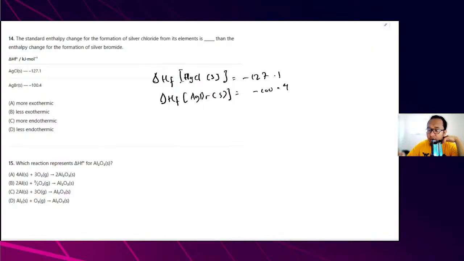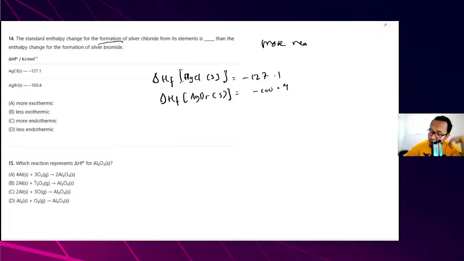The standard enthalpy of formation is the energy change when 1 mole of compound forms from its elements in their standard states.